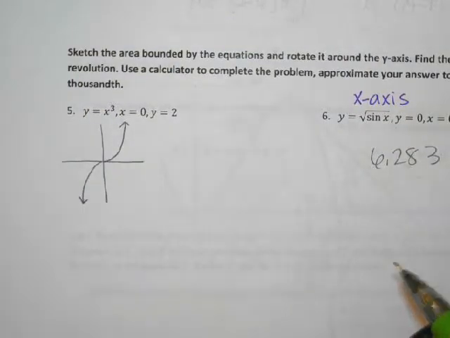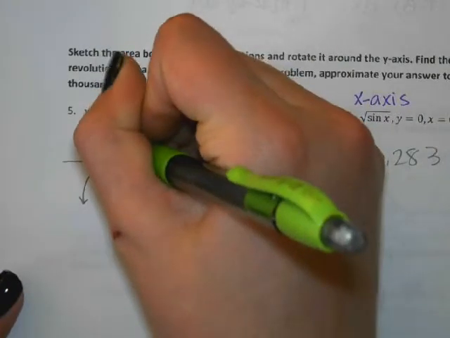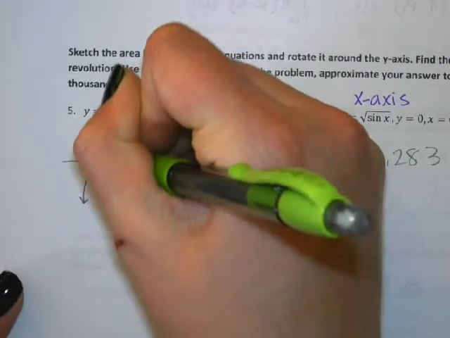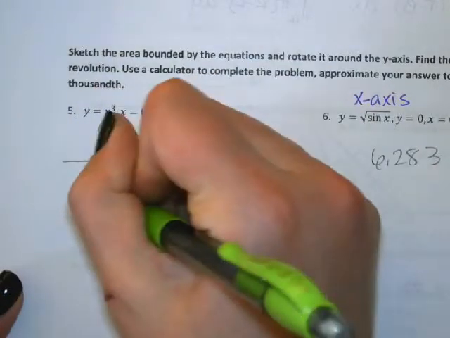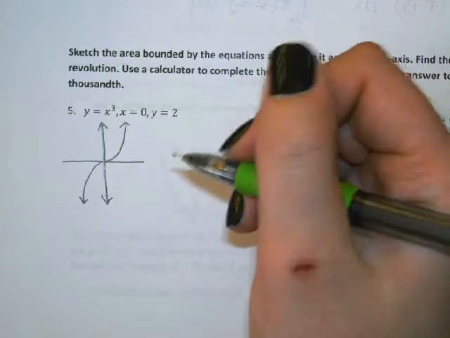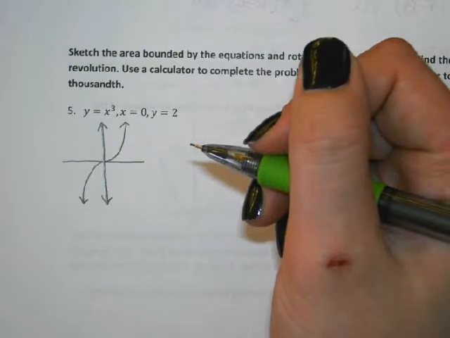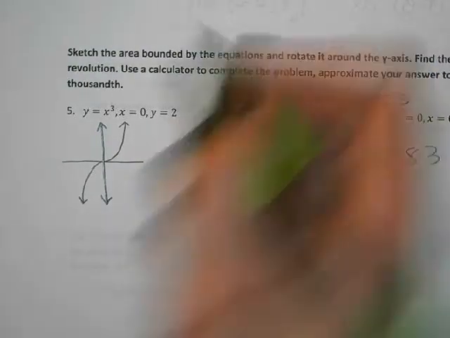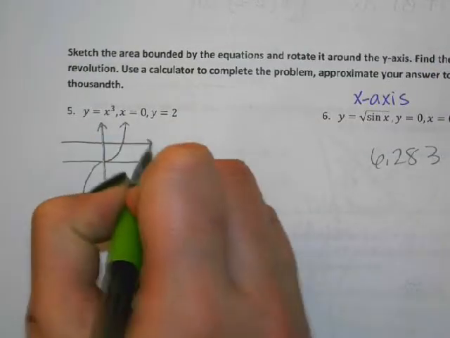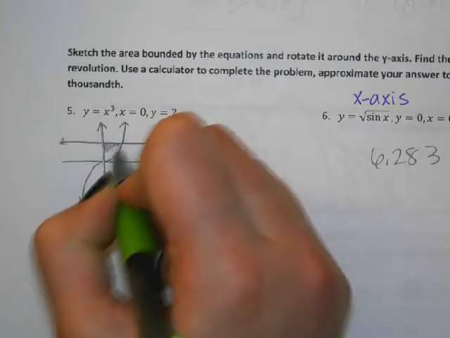And the line x equals 0 is the y-axis. And the line y equals 2 is what? Yeah, it's horizontal, up at 2. All right, so here's our shaded region.